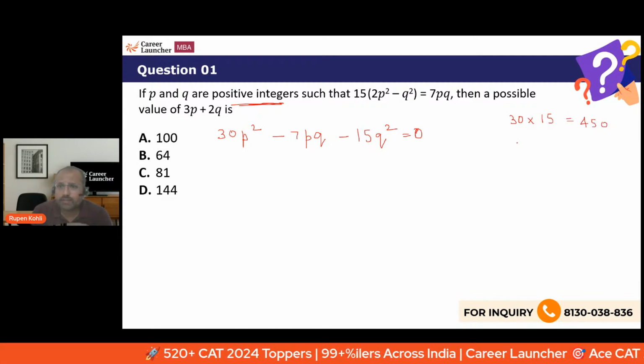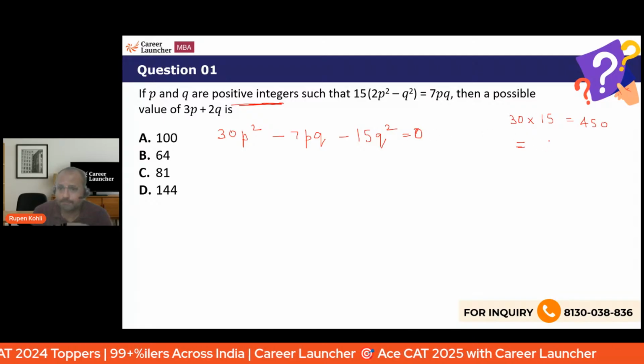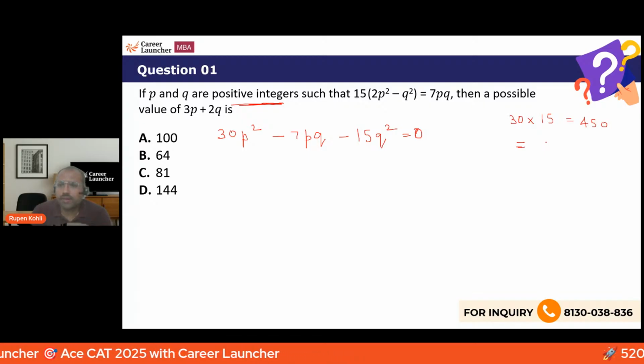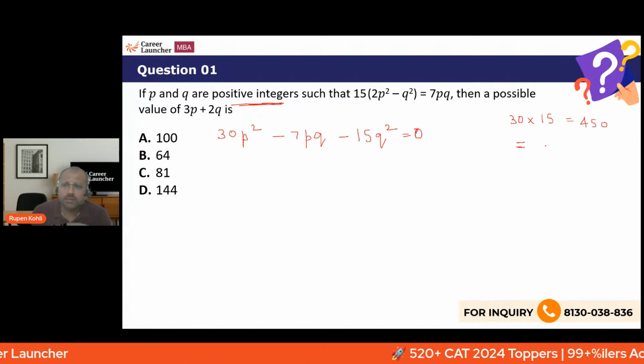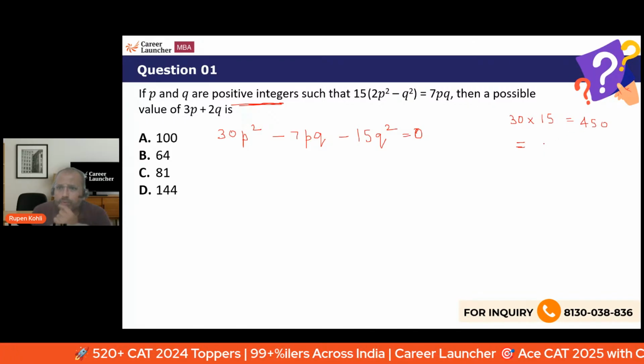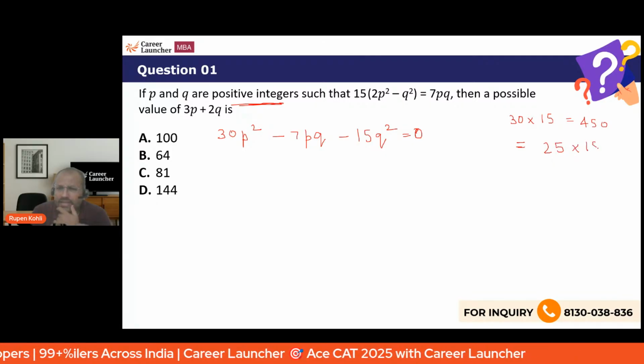How can we express 450 as the product of two numbers which differ by 7? Let's keep on thinking on that. We have 450, it is 45 into 10, but we need numbers to be a little closer together. It is also divisible by 25, and it's 25 into 18. Yes, exactly, that is what we're looking for.